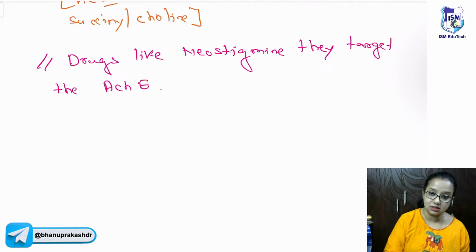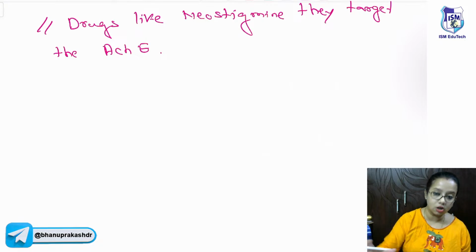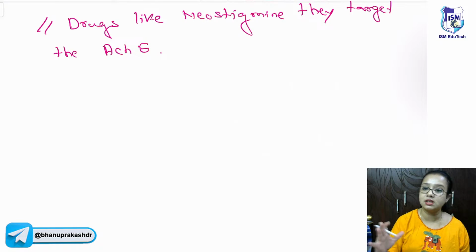So, in that condition, drugs like neostigmine are used to block the activity of the acetylcholine esterase. So if acetylcholine esterase is not there, then whatever acetylcholine is released in the synaptic cleft will get enough time to pass on the wave of depolarization onto the sarcolemma. That is the reason why, to treat conditions where there is not enough acetylcholine, a drug like neostigmine is administered, which will block the activity of the acetylcholine esterase.